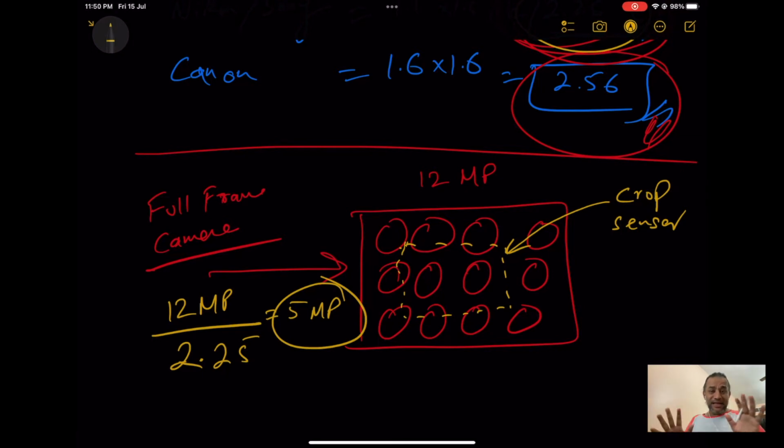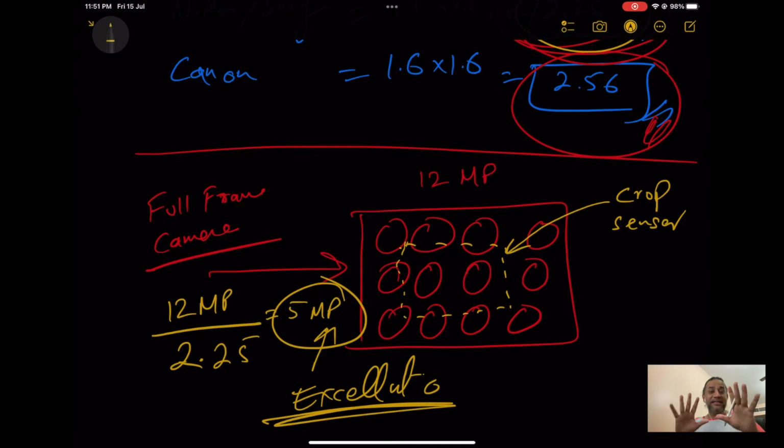They are excellent in low light. So when you use a crop sensor lens on this full frame 12 megapixel camera, you are going to have a 5 megapixel crop image. That's it. But the quality of this 5 megapixel image is going to be excellent. Yep, it's going to be excellent in low light.